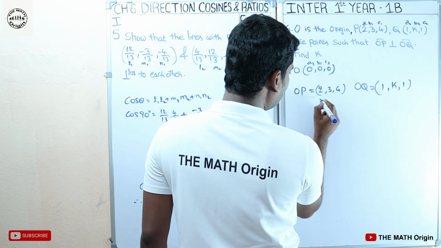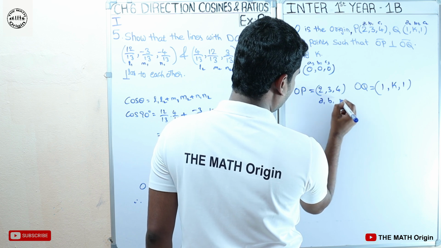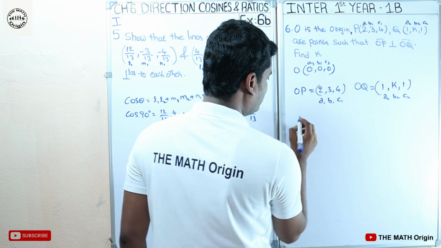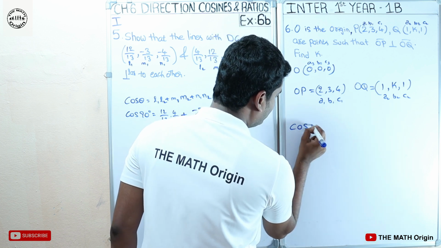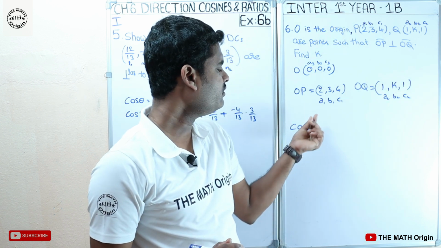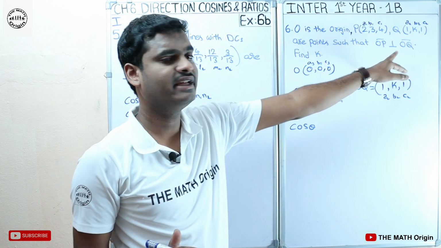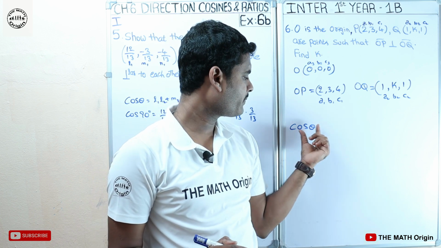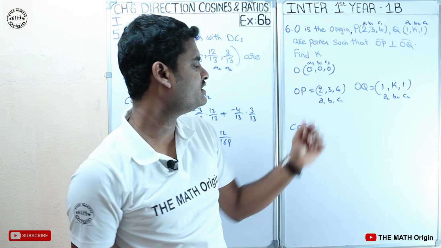Now we got actual values like A1 B1 C1, A2 B2 C2. As they mentioned those are perpendicular to each other, perpendicular means 90 degrees, so I will write the formula for the angle between direction ratios.